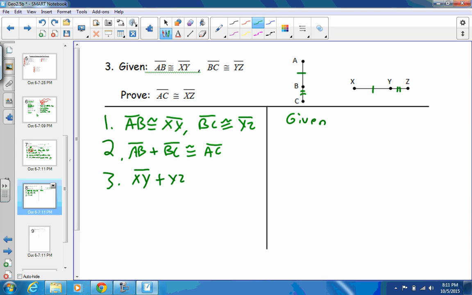Segment YZ would be congruent to segment XZ, and that would both be the segment addition postulate again.